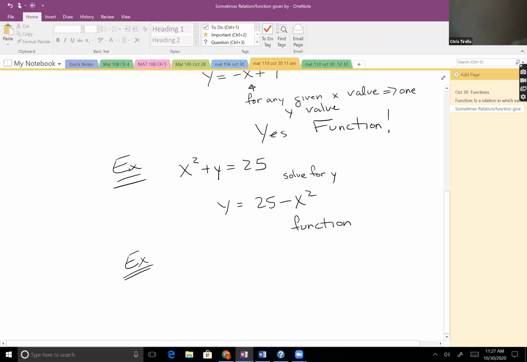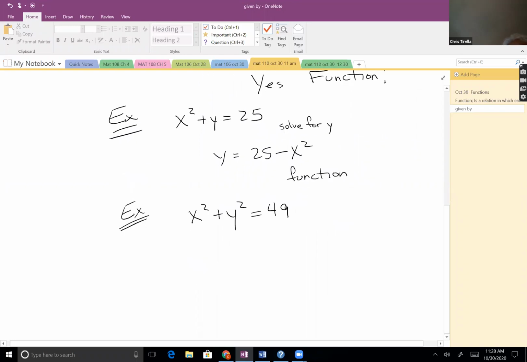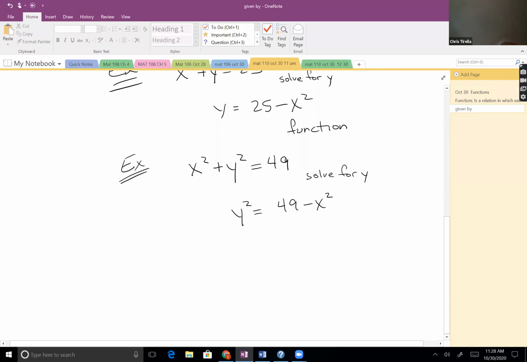Instead, what if I had something like x squared plus y squared equals 49? If I were to try to solve this for y, I get y squared is equal to 49 minus x squared. And then to solve this for y, wouldn't I take the square root of both sides?